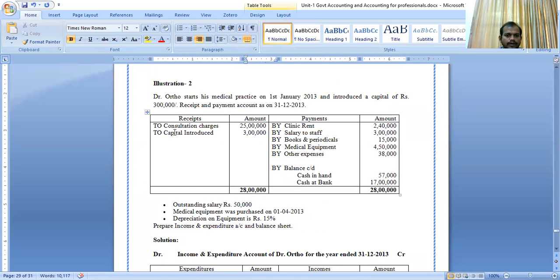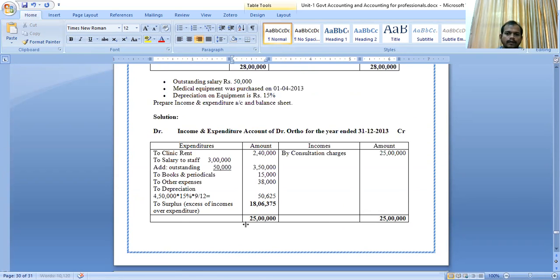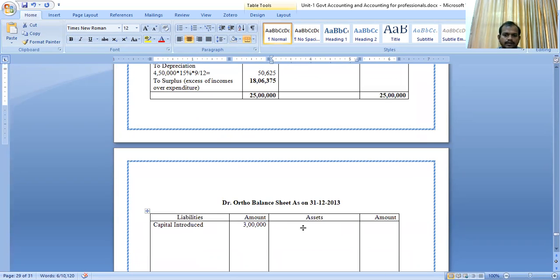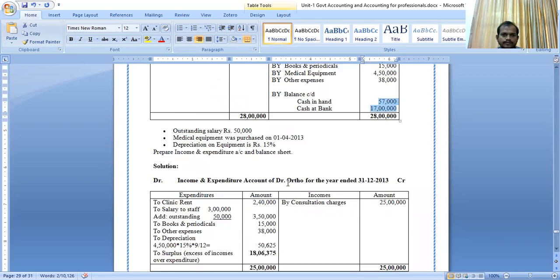First of all, we will consider the details from the problem. Capital introduced, that is 3 lakhs. So cash balances 57,000 and 17 lakhs.